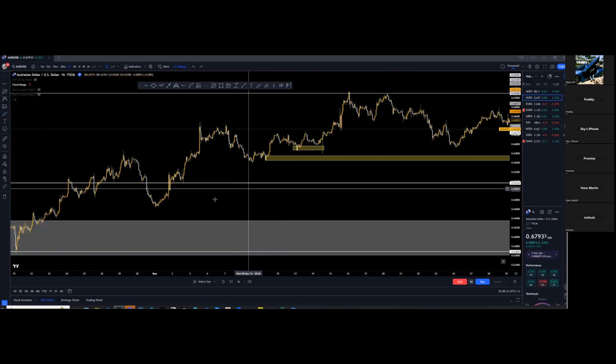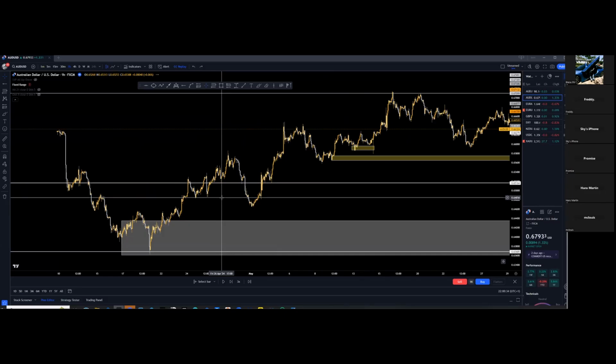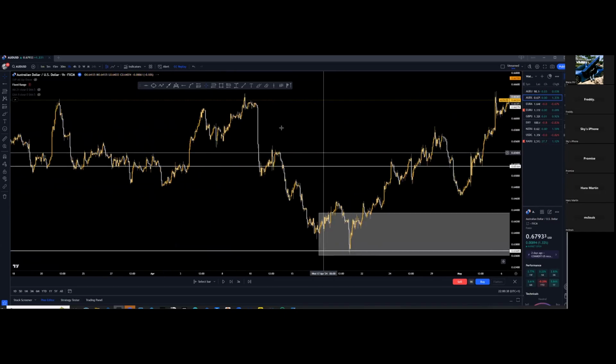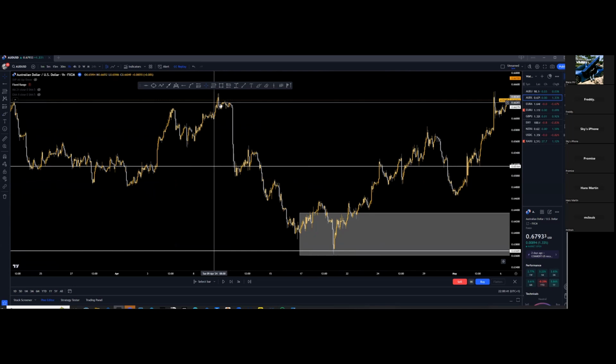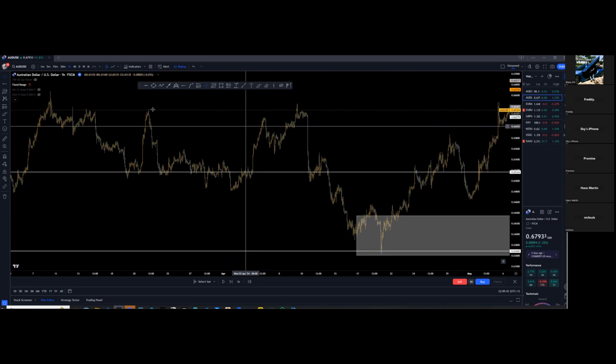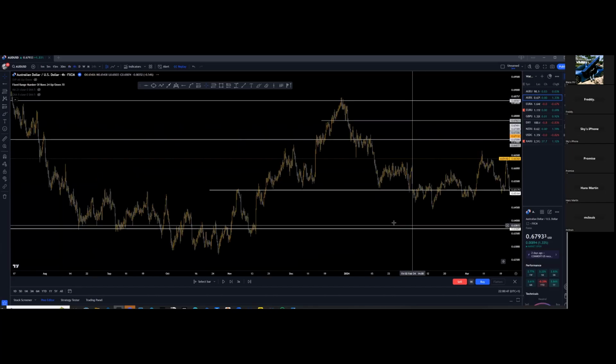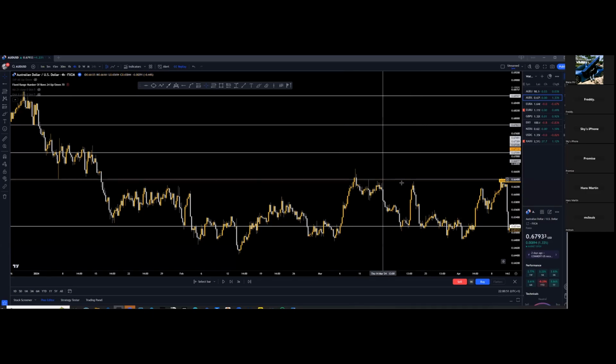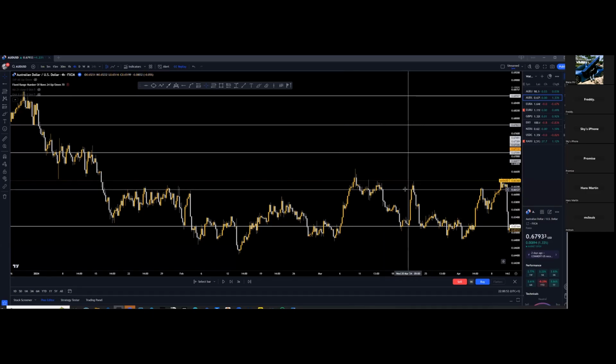So demand and supply is drawn off candlestick patterns. It's not drawn off areas of majority of rejection or whatever. No, you want to see rejections. So whenever you find your trade, if you go on the 4-hour time frame, you could draw a forward demand and supply zone. It's validated based on the 4-hour time frame.